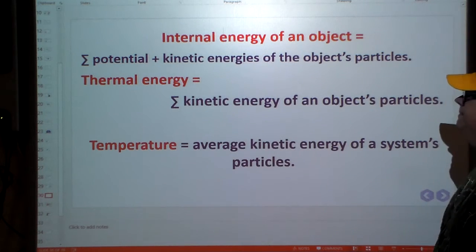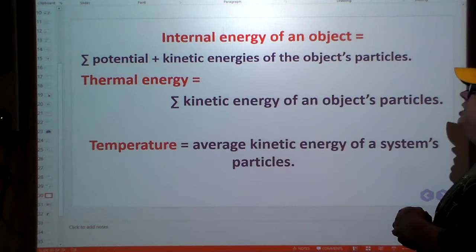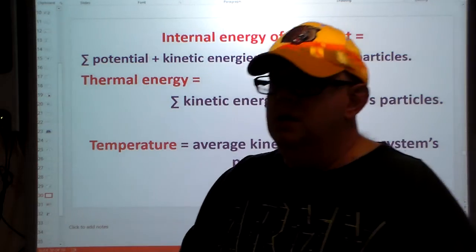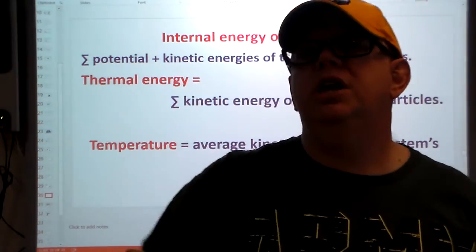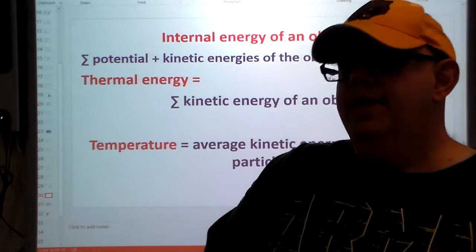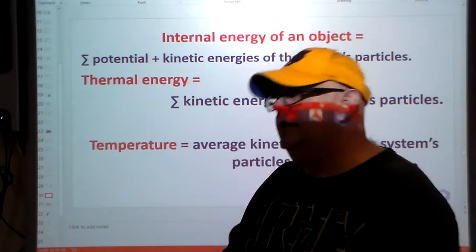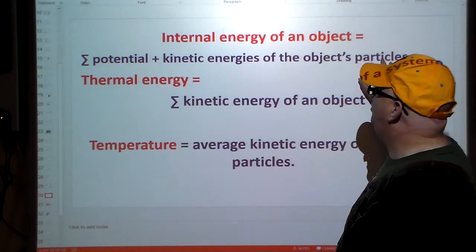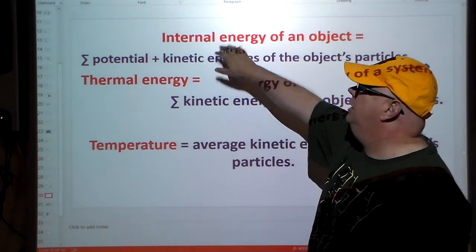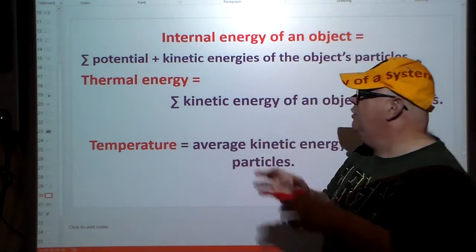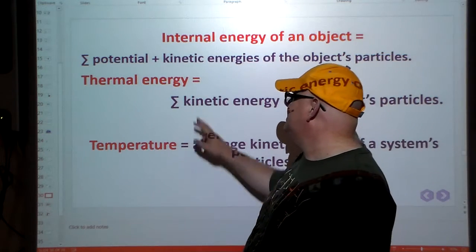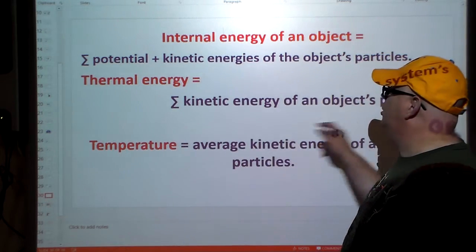It's moving energy. Now, what about the internal energy of an object? Because all objects have energy in them. Some of it is moving energy, some of it is stored up. And that's where potential energy is. So when we look at potential and kinetic energies of the object's particles, that's the internal energy of the object. Now, if we were to just focus on the thermal energy, that's the kinetic energy of an object's particles.